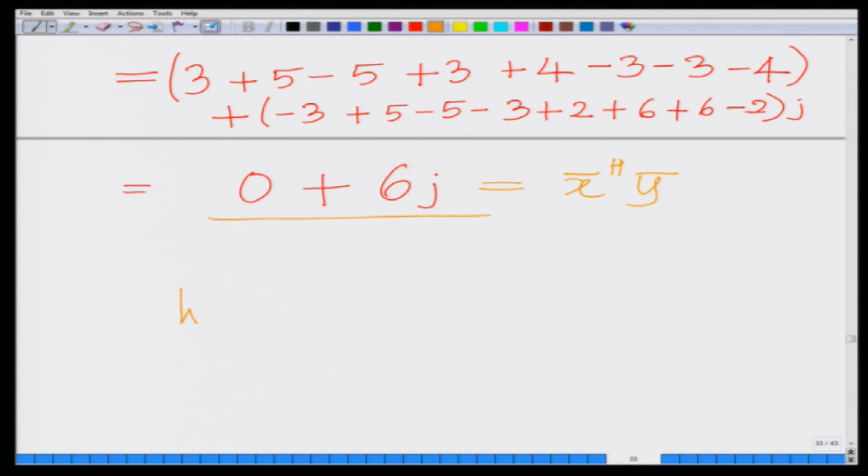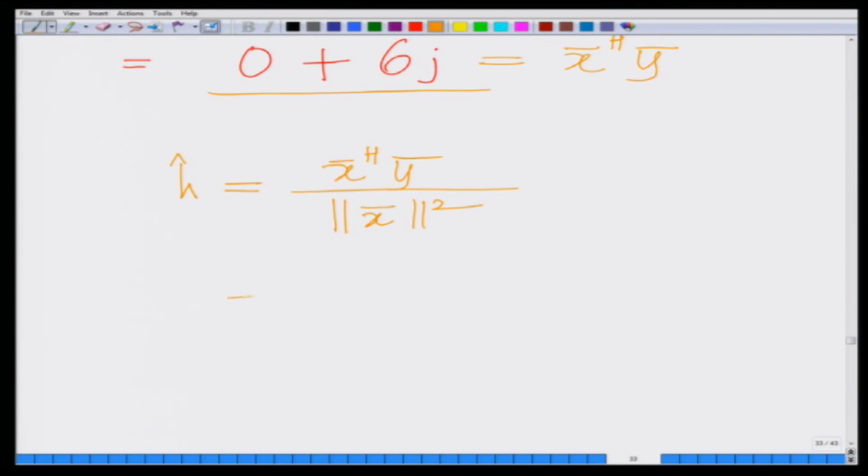Therefore, the estimate of the complex channel coefficient h hat equals x bar Hermitian y bar divided by norm x bar square, which is basically equal to x bar Hermitian y bar divided by x bar Hermitian x bar.